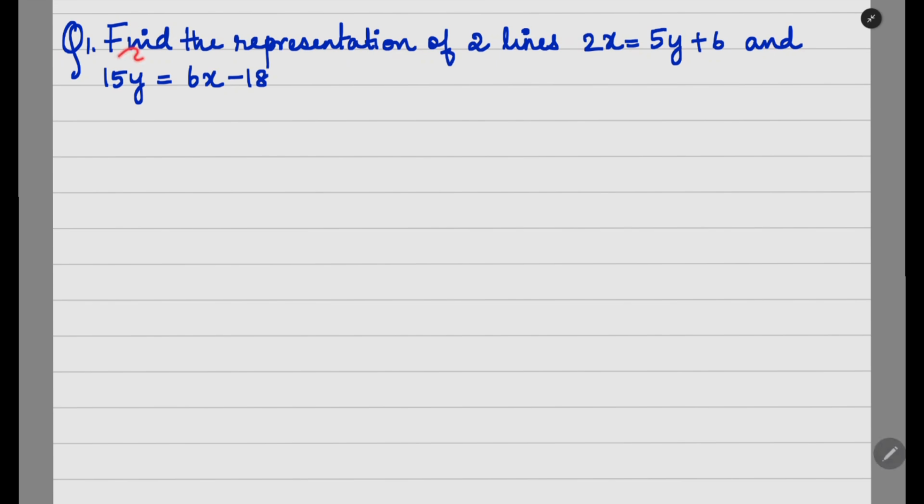The very first question is: find the representation of two lines, 2x is equal to 5y plus 6 and 15y equal to 6x minus 18. You are given two linear equations, and you have to find how they are represented graphically.